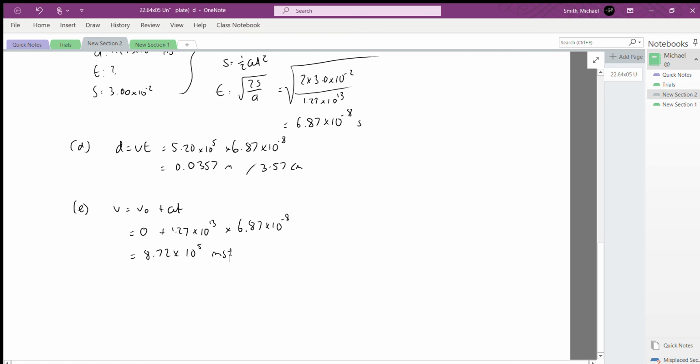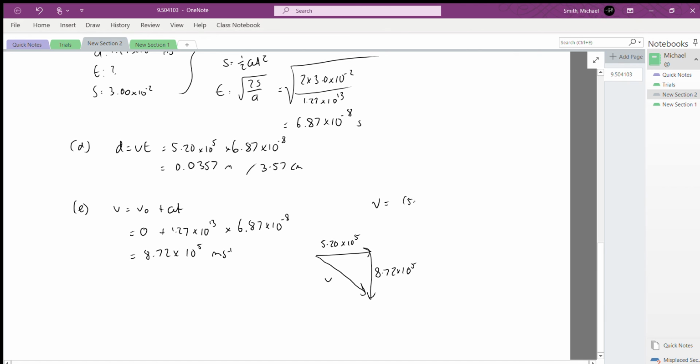So now we know that the horizontal speed is 5.2 times 10 to the power of 5. The vertical speed is 8.72 times 10 to the power of 5. What we want is this component here. So using Pythagoras' theorem, that'll just be the square root of the sum of the other ones squared.